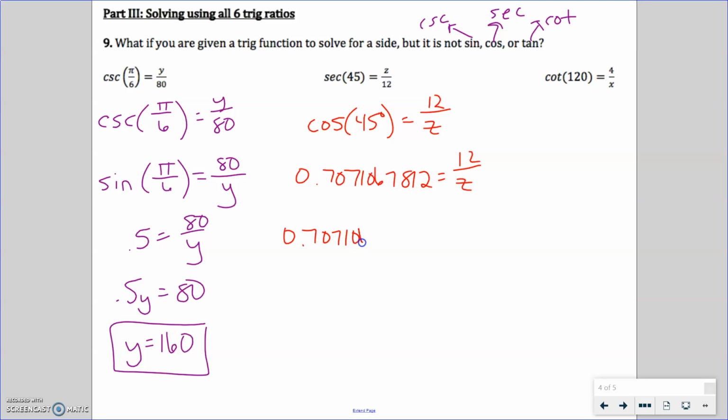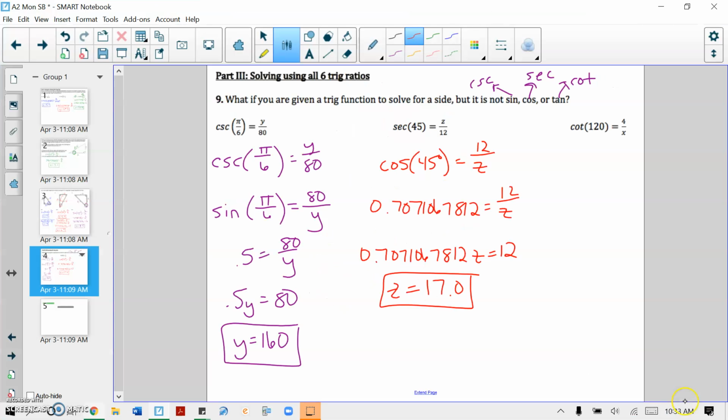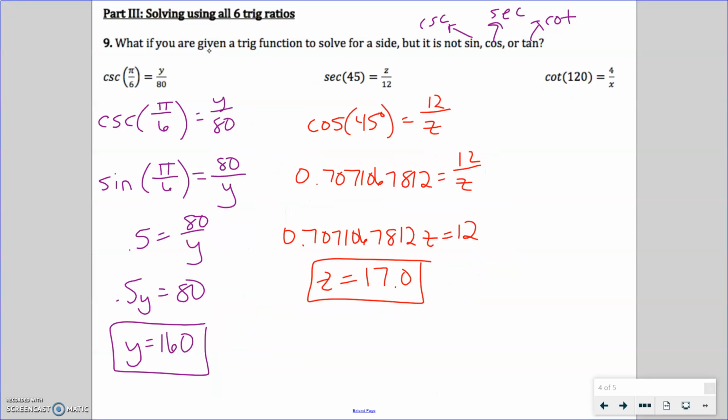So I get this decimal, z equals 12 divided by the decimal, and you should get z equals, it's actually 16.97. So if we stick to the rounding to one decimal place, it actually rounds all the way up to 17. So I'm going to stick with that rule just because I don't want to be inconsistent.